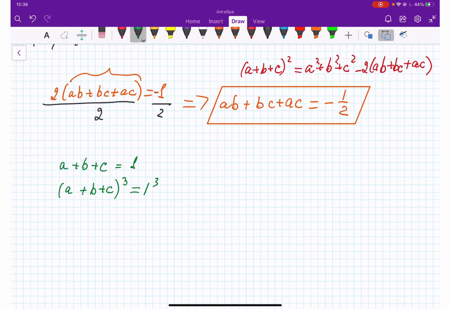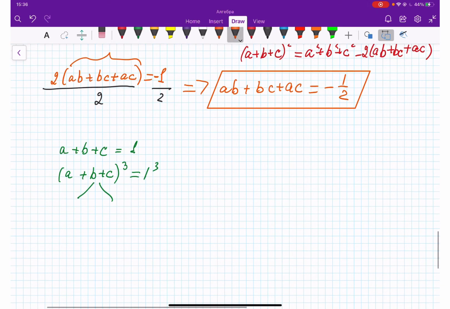Now this A plus B plus C cubed I'm breaking down into A plus B plus C squared multiplied by A plus B plus C, and that is still equal to 1.